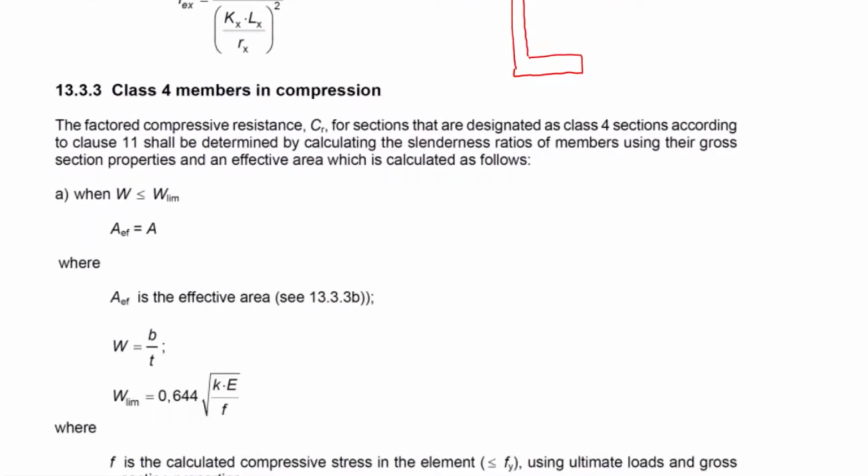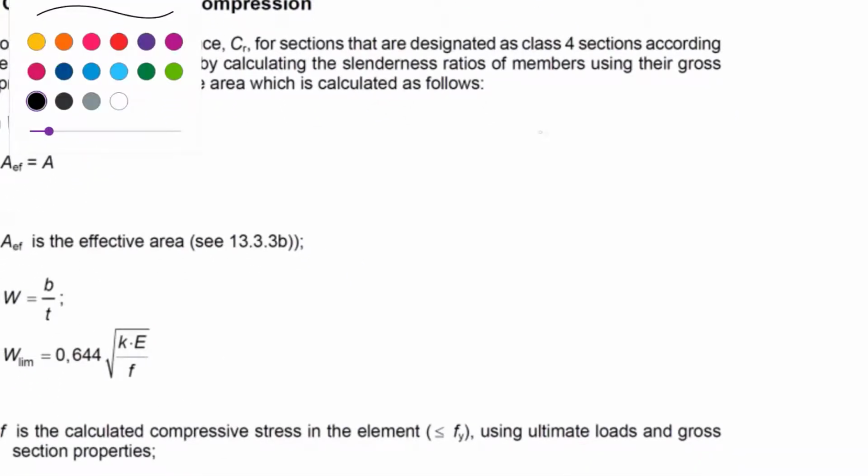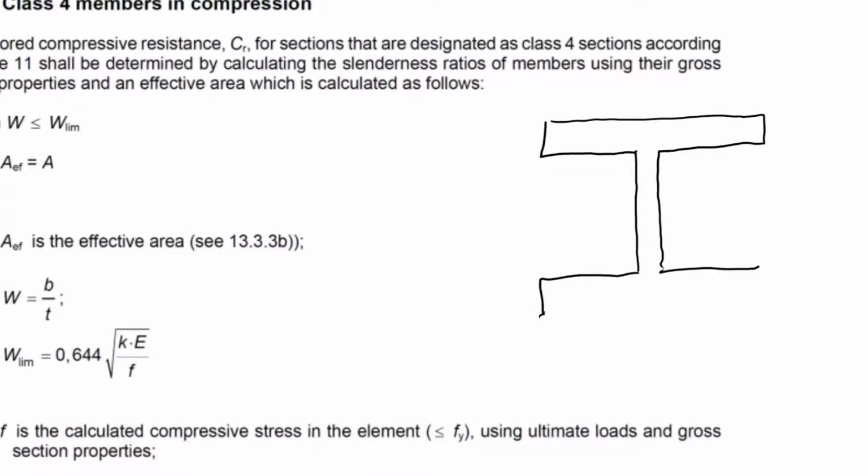If you do have a section which is experiencing local buckling, what you want to do with it is adjust its cross-sectional area. So for instance, if I have an H section like this, and it's made of long, slender webs and flanges, when I load it, it'll get to the stage that local buckling occurs.